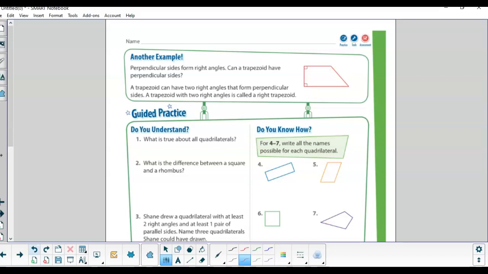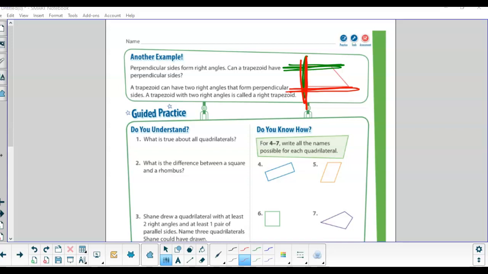Let's rewind that a little bit. Okay, this side here is perpendicular with this side because when those two lines cross and intersect, they form right angles. Whereas this line is also perpendicular with this line here. So a trapezoid can have perpendicular sides.